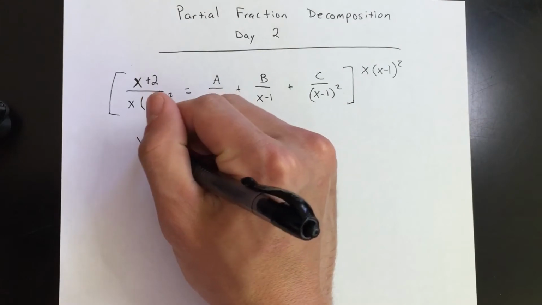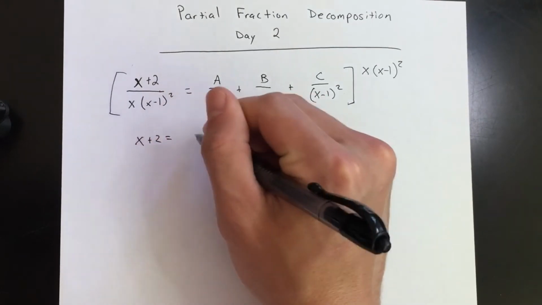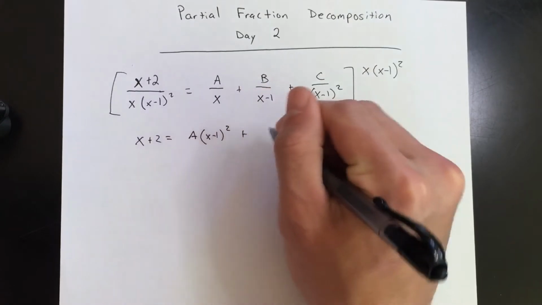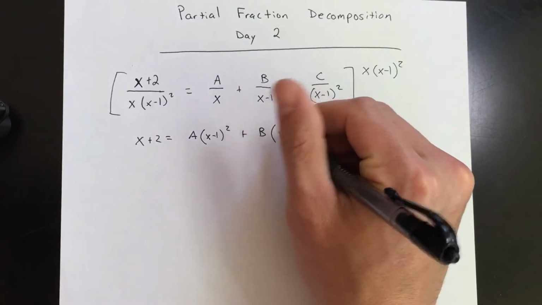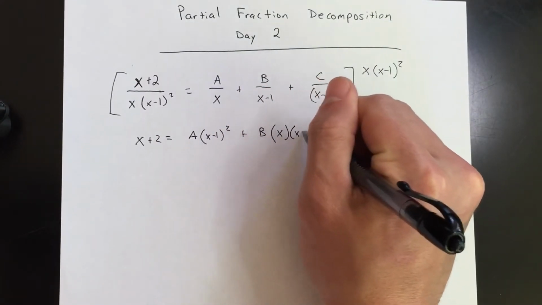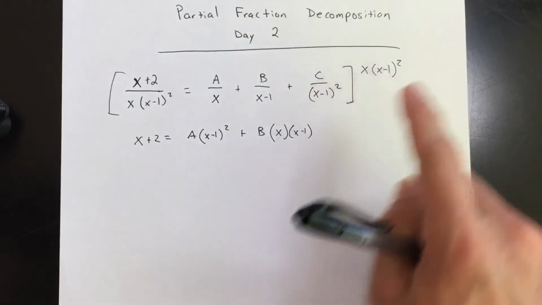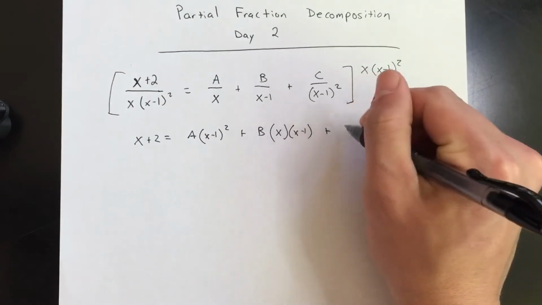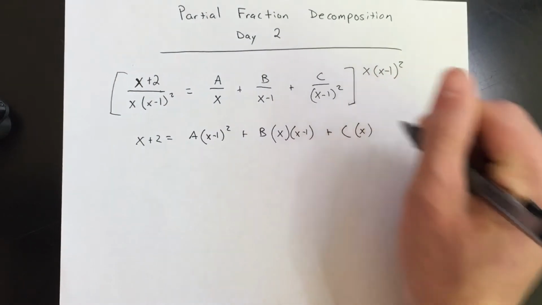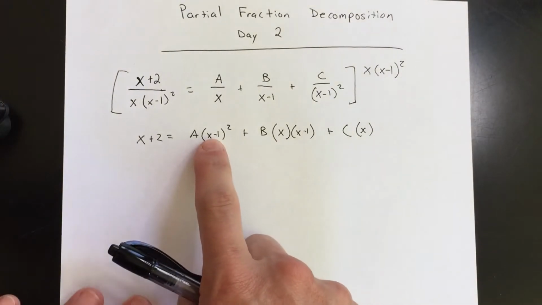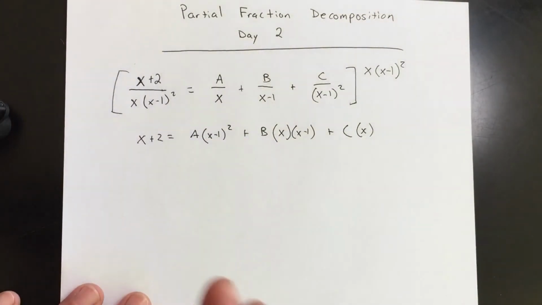Right? And in doing so, we'll get x plus 2 equals A times x minus 1 squared plus B times x minus 1, right? Because x minus 1 cancels out one of these x minus 1s, and C times x. Now, what I like to do just for organization is multiply all my x terms and distribute my A, B, and C last.